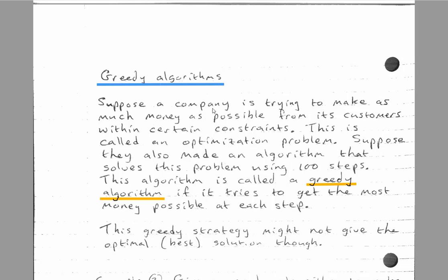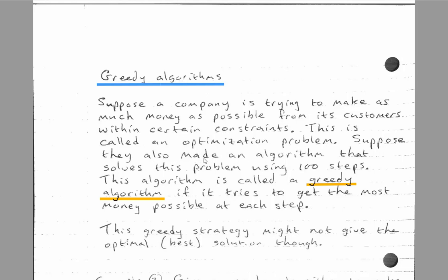For example, suppose a company is trying to make as much money from its customers as possible with certain constraints. If you're trying to maximize or minimize something, that's called an optimization problem.